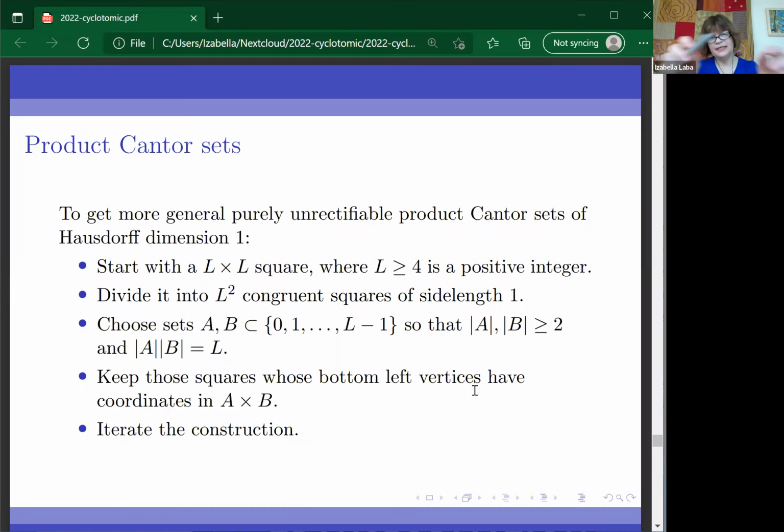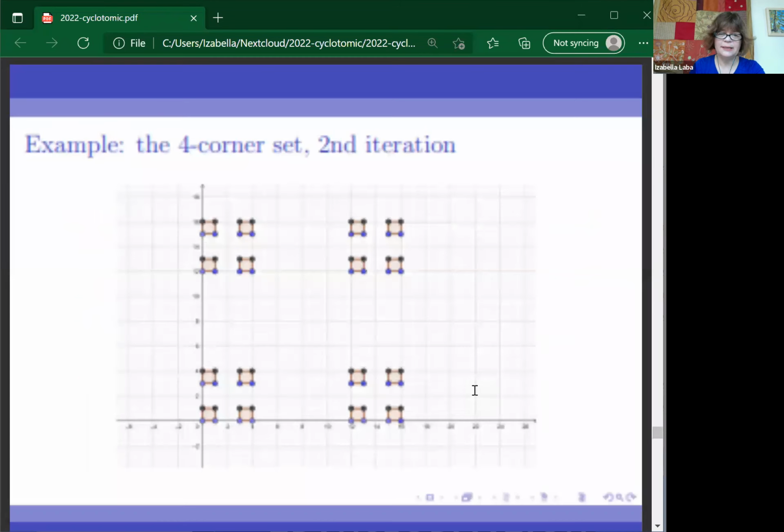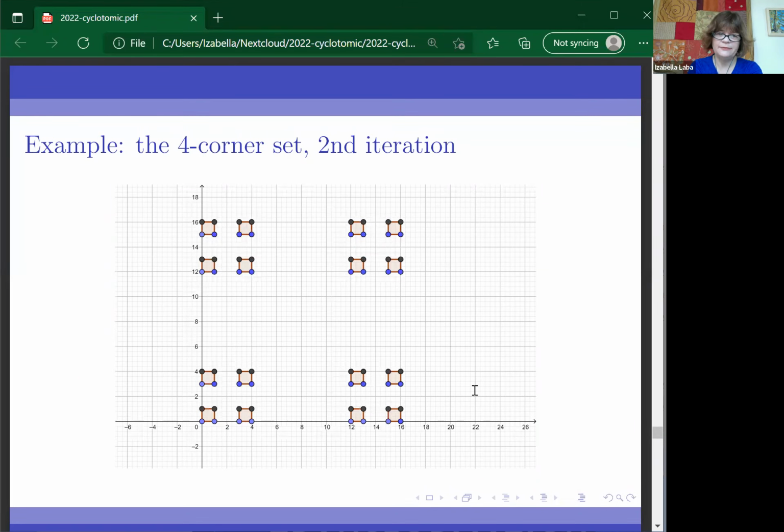L is going to be a positive integer, at least 4, divided into L squared congruent squares of side length 1. Choose digit sets A and B in each direction, and then keep the squares whose bottom left vertices have coordinates in A cross B, and then iterate that construction. So this would be a product set with L equal to 4 and A and B both equal to {0, 3}.